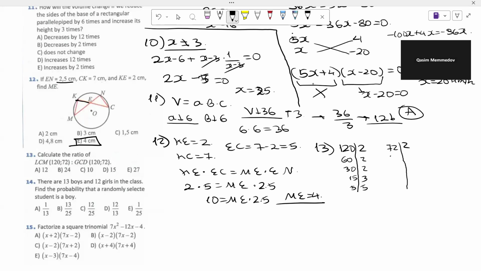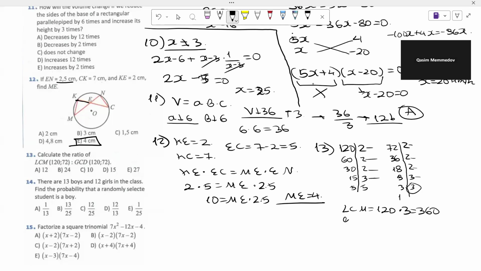Divide by 2, 36, divide by 2, 18, divide by 2, 9, divide by 3, 3, divide by 3, 1. When we find LCM, we must write it like that. 120 multiplied by, they are the same, and this is different, 3. We must multiply it by 3 and the answer is 360.